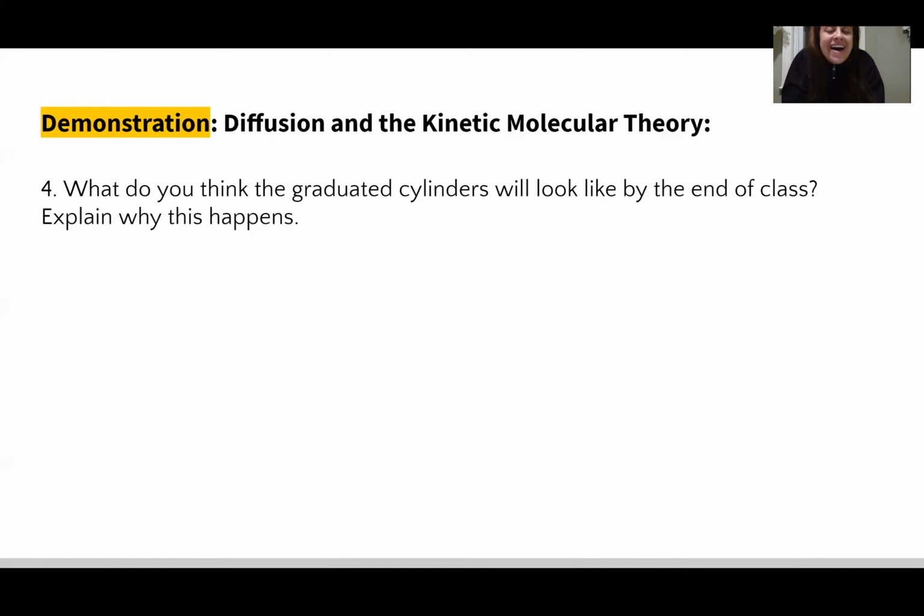Okay, welcome back. By now, you should have completed question 4 on your packet of the mini lesson. So you should have explained why one water glass was able to disperse the food coloring more quickly, and what you think they're going to look like at the end of class and why that's happening.